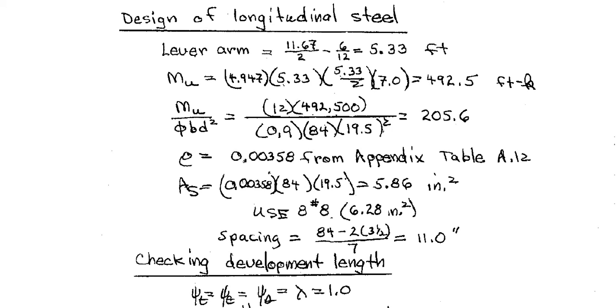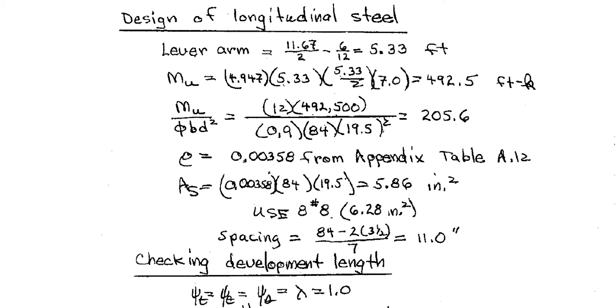So reinforcement is rho b d, and we got 5.86 inches square. Now this reinforcement is for the entire width, and they are assuming 8 number 8 bars, 6.28, very close, so it's okay. And spacing: 84 inches is my width, they are deducting 2 times 3.5. What is this? It is the clear cover from the center of the bar.